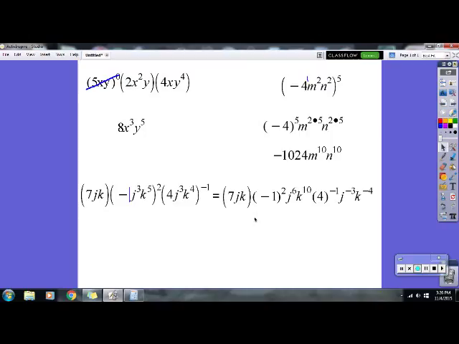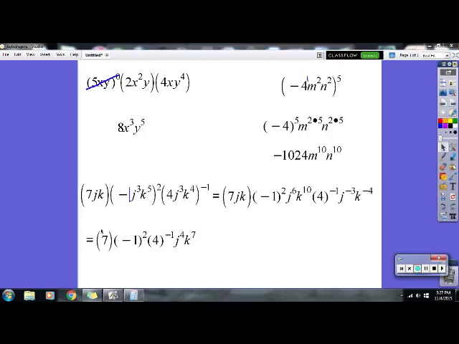So now what I'm going to do is group my like bases, my j's and my k's, by using the multiplying like bases rule, where I add the exponents. And then I'm just going to rewrite my 7 and my -1 squared and my 4 to the -1 all together at the front.